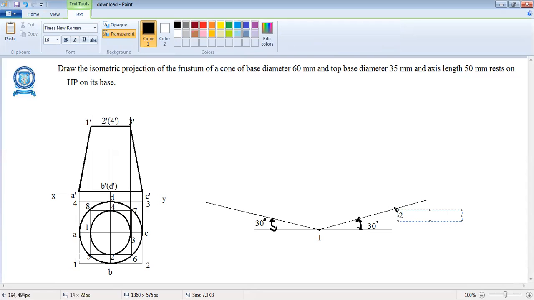And take the measurement 1 to 4 and cut an arc from 1 to 4 here.